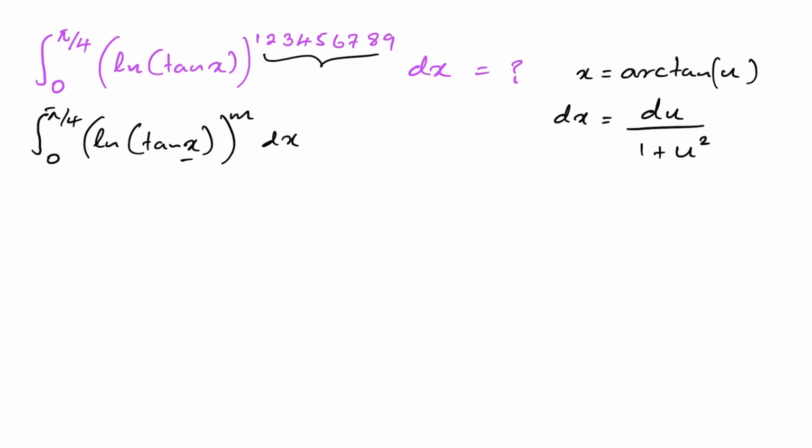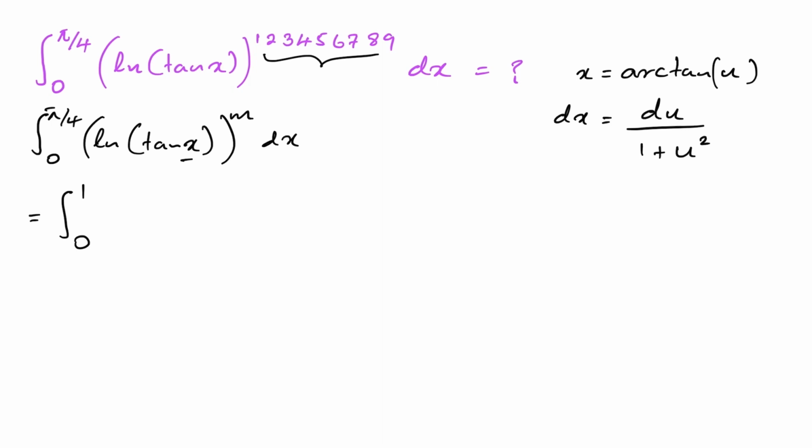Then we can plug in. Now we should change the boundaries. The lower limit, when x approaches 0, arctan of 0 is 0, so the lower limit is also 0. The upper limit, when x approaches pi over 4, arctan of 1, so here 1.